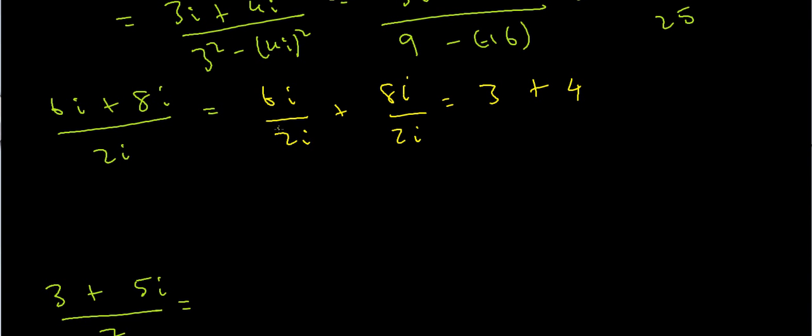Because 6 divided by 2 is 3, and I've got an i on the top and the bottom, which I can cancel. Remember, you can cancel imaginary numbers just as you would with real numbers. And likewise, I can cancel an i on the top and the bottom here. So I've got 6 divided by 2, which is 3, times i divided by i, which is just 1. So I've got 3 plus 4, which is 7. So that's that example.